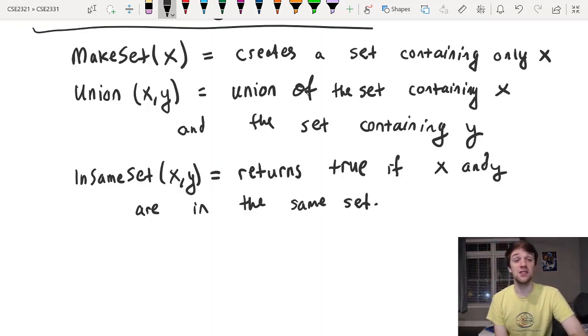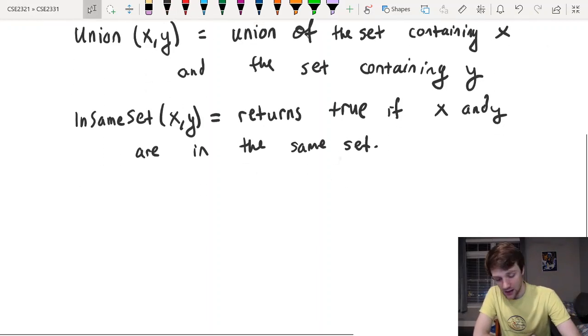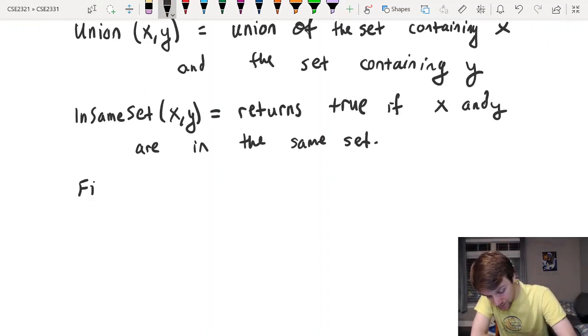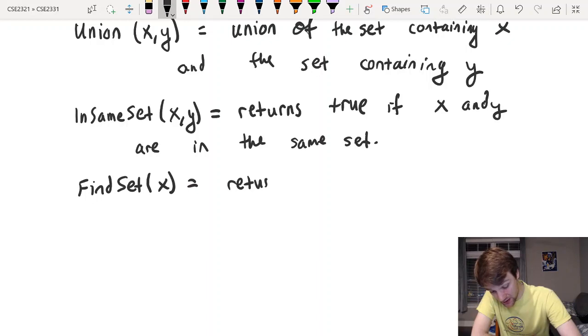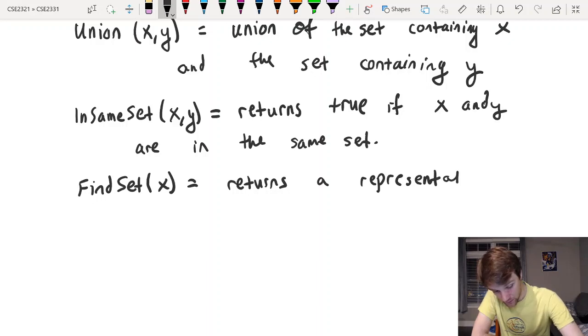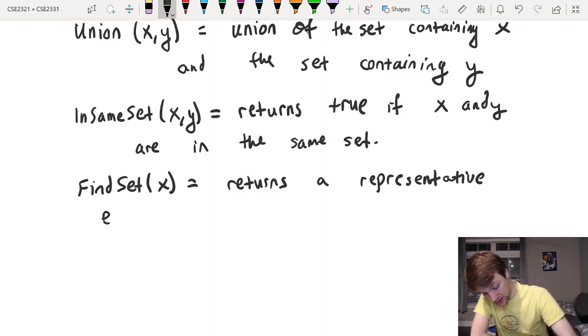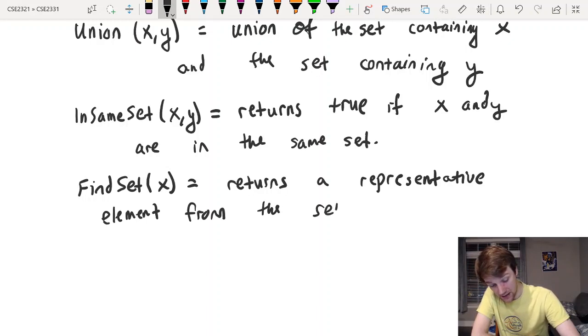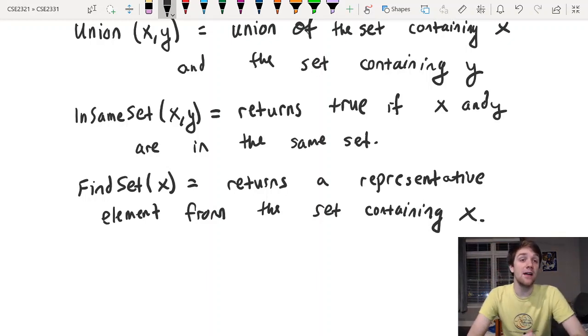And then another one which is roughly the same as in same set, which is going to be find set X, which returns a representative element from the set containing X. For those of you that have taken some proof courses and have maybe discussed the idea of equivalence relations, this is something like a representative from an equivalence class defined by an equivalence relation.